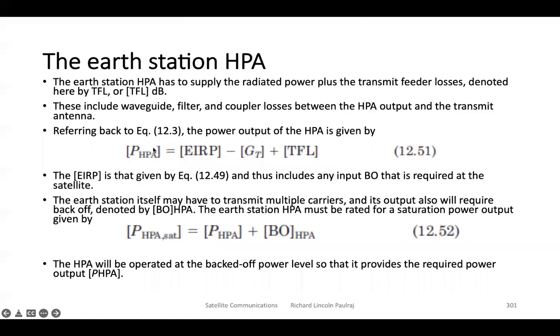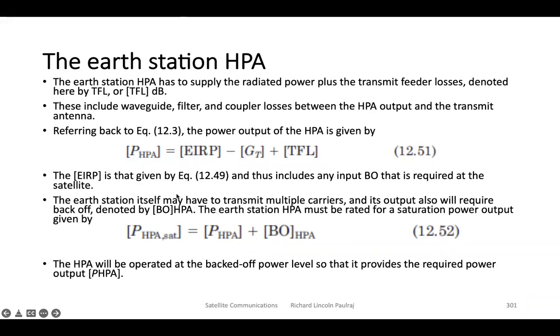Now, we had used an equation and I have put it as 12.3. This is going to be your final power, P, which is EIRP minus GT plus TFL, the transmitter feeder loss. Then at saturation, we will be considering PHPA and BO.